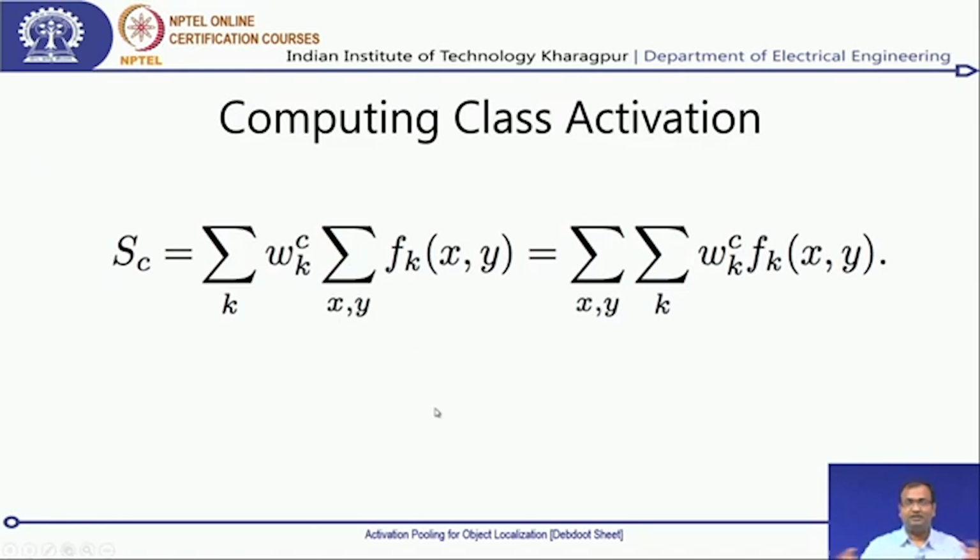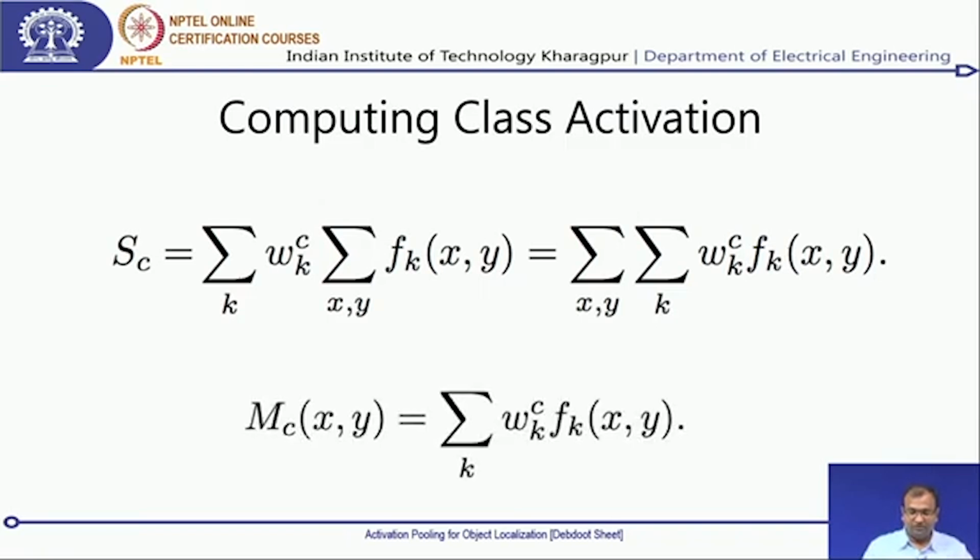This is just by way of splitting my multipliers, because each is independent of the other. What that gives me is some sort of activity map at x comma y for a given class c, which can be represented as this inner product. This is my activity map.